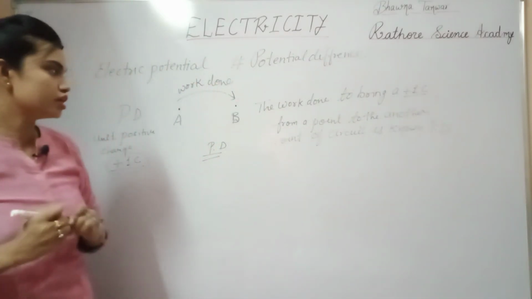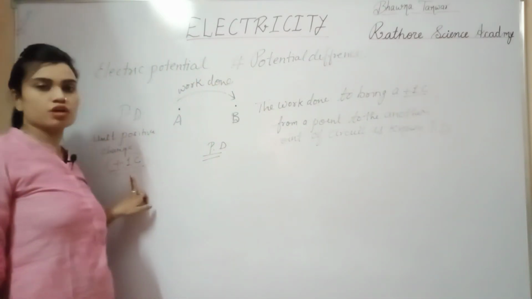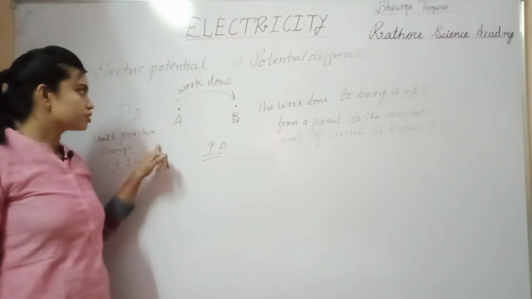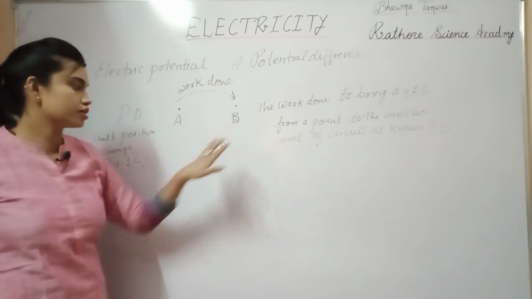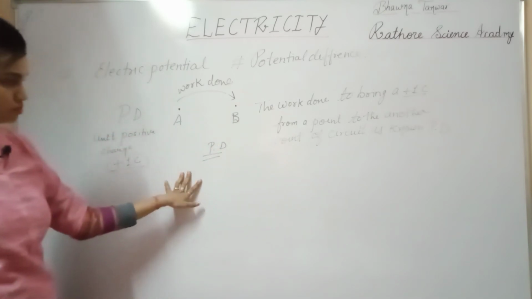The amount of work done to bring 1 coulomb charge, unit positive charge, from a point to another point of a circuit is known as potential difference.